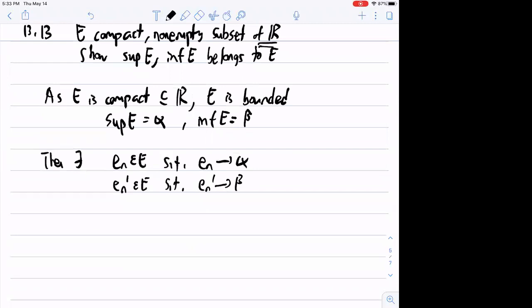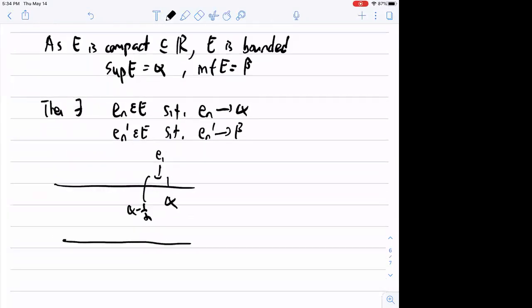One way to do this is, if here's the sup, you take alpha minus a half. There has to be a point in E in this interval from alpha minus a half to alpha, because if there's not, alpha minus a half is my new upper bound, and that contradicts the sup. Sup is the smallest upper bound. So there has to be a point here.